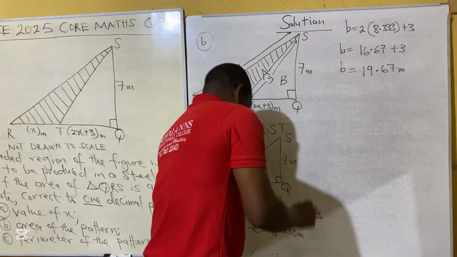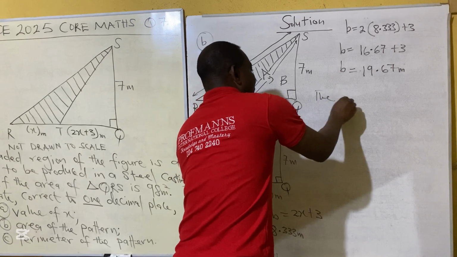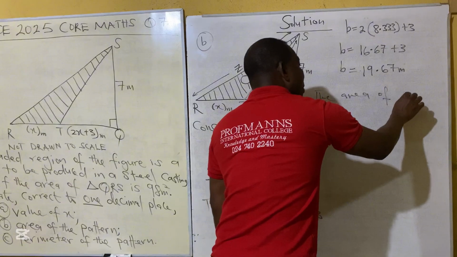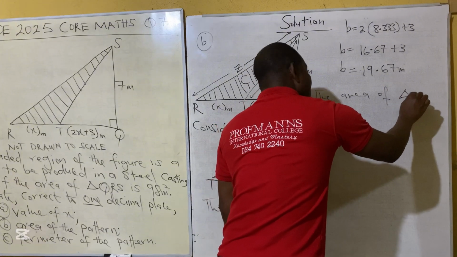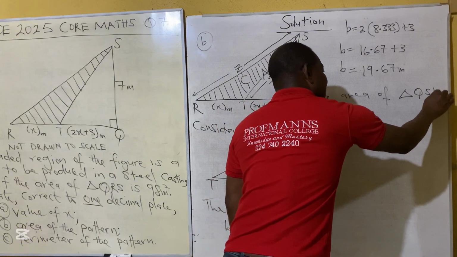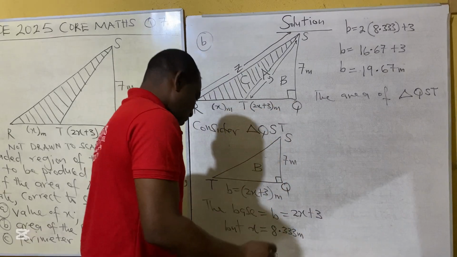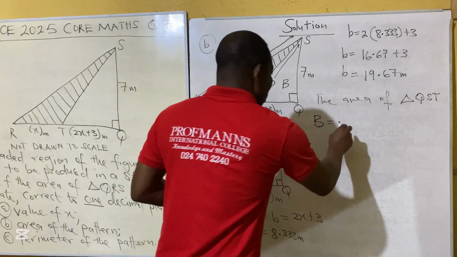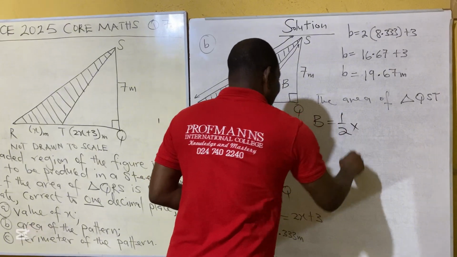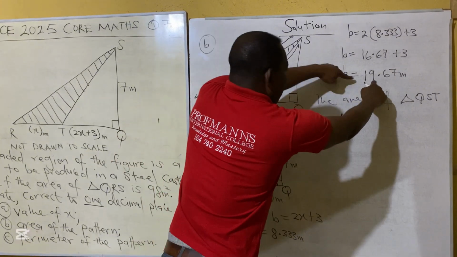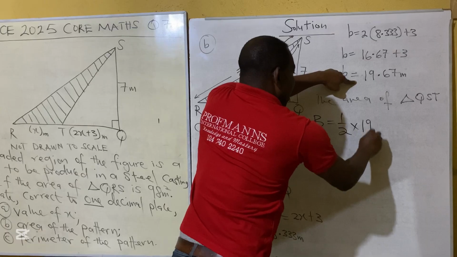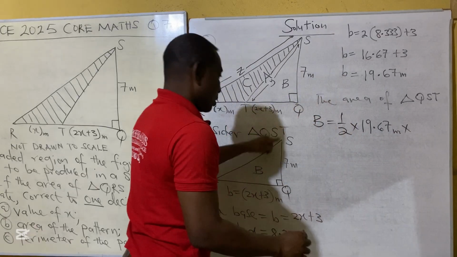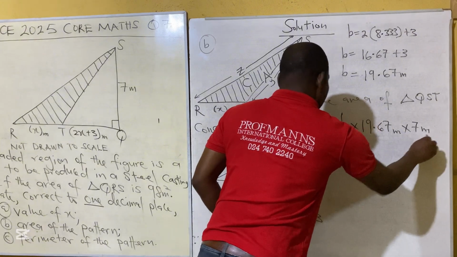Now with this calculated, we can go ahead and calculate the area of this triangle. So the area of triangle QST, capital B, is equal to half times the base, which we have calculated to be 19.67 meters, times the height, which is 7 meters.